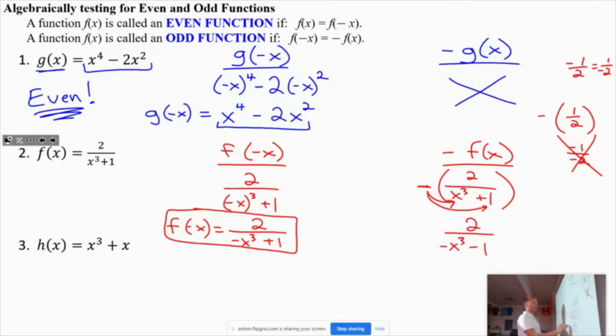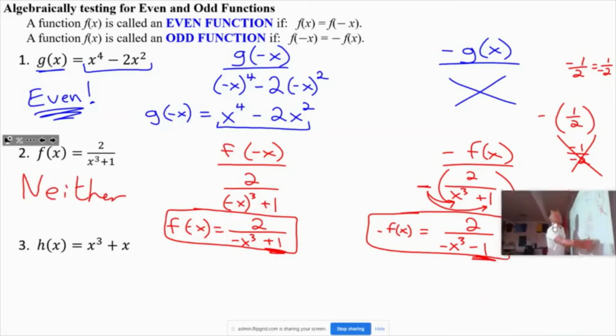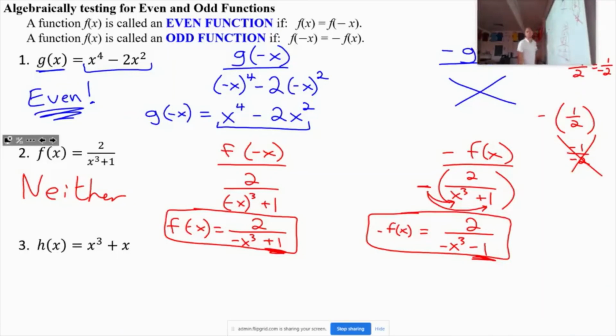And that would end me with 2 over negative x cubed minus 1. There's simplified form. Do not forget to distribute. You distribute to the binomial on the bottom. So that negative 1 versus this positive 1 means they do not match, which means this function is neither.